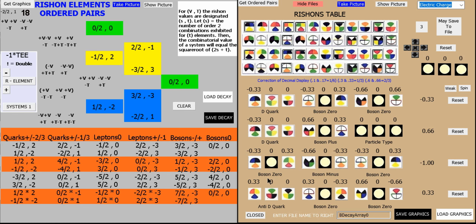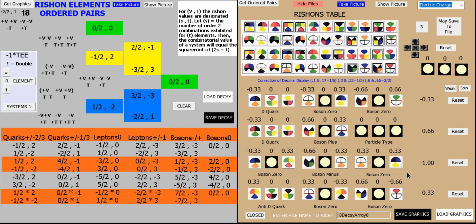And then we can go on down and look at the W- boson that is emitted, and we'll see that the spin contributing particle-antiparticle contributes 0 to the electric charge, but the anti-V flavored Rishon is -2/3, and the prime anti-T Rishon is -1/3, giving you a -1 for the boson minus, and there's no contribution for the associated neutral 0 scalar boson.